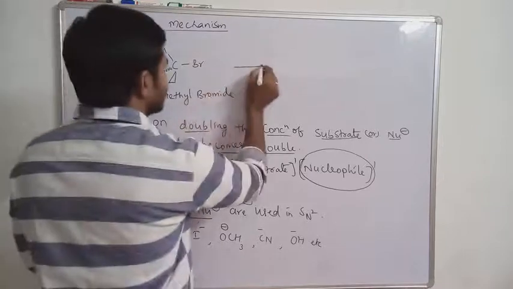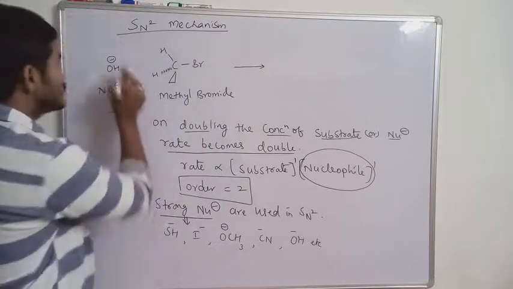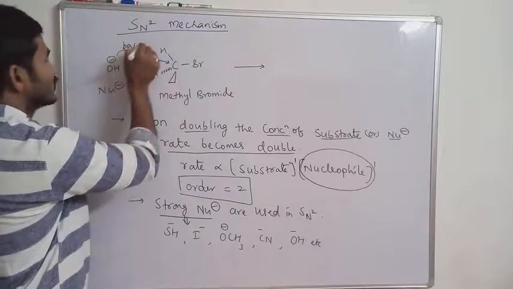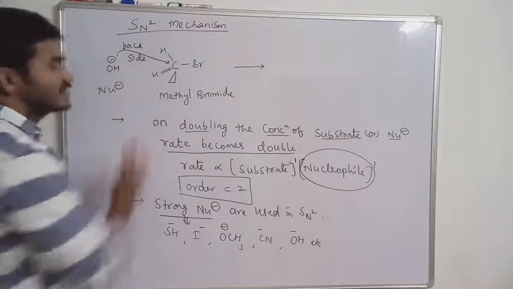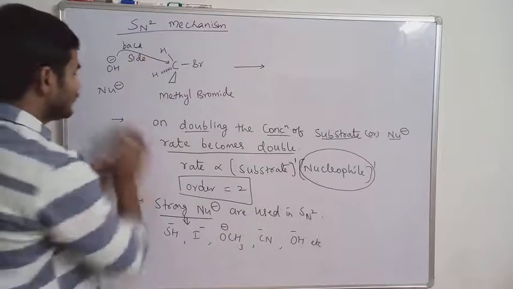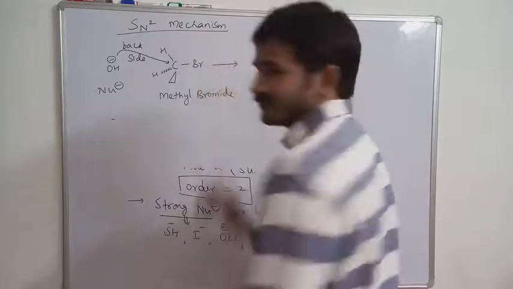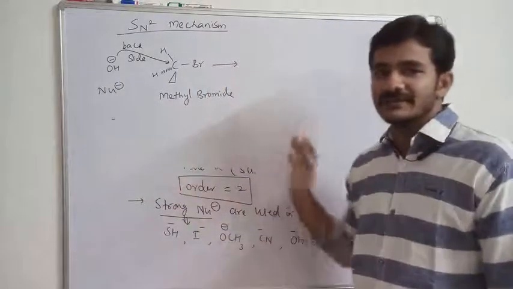These two undergo reaction. This OH minus attacks exactly from the back side. After attacking from the back side, it can form one intermediate, that is, a transition state. It won't form the product directly.